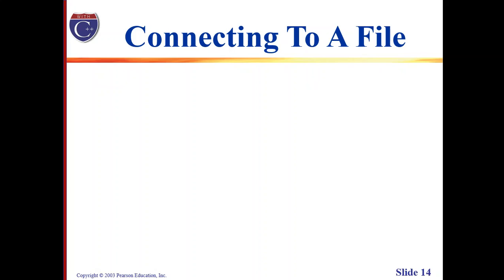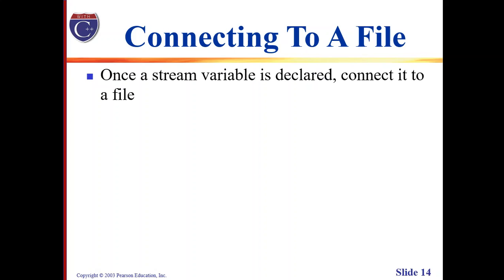And as we've mentioned a while ago, after you declare your stream variable, whether it's ifstream or ofstream, you need to connect them to a file. So once a stream variable is declared, we need to connect it to a file. So that would tell our compiler which files to use for input and output.